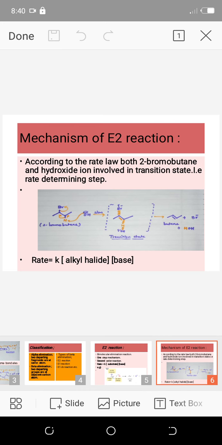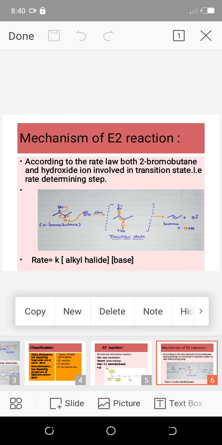Now see the mechanism of the E2 reaction. According to the rate law, both the bromobutane and hydroxide ion are involved in the transition state, that is the rate determining state, as we see in the mechanism. Therefore there is a formation of a bond between OH and hydrogen.